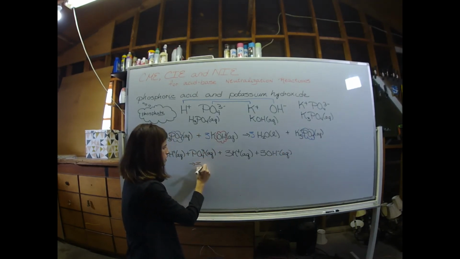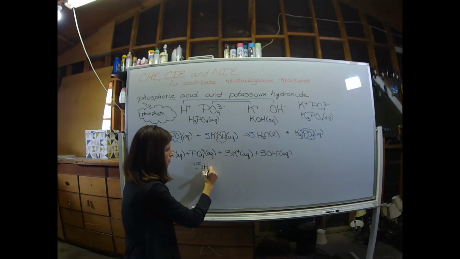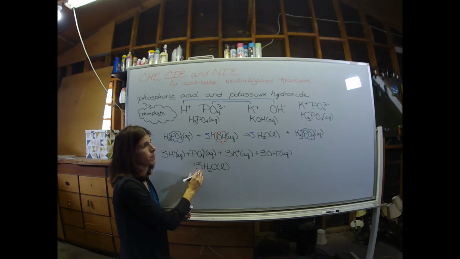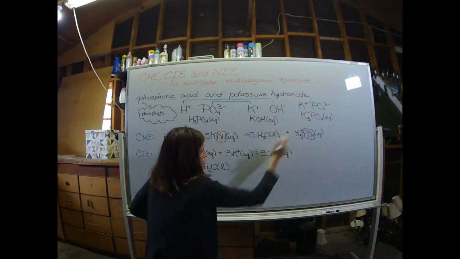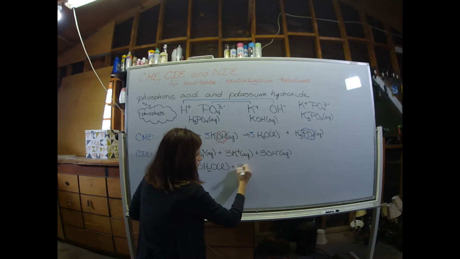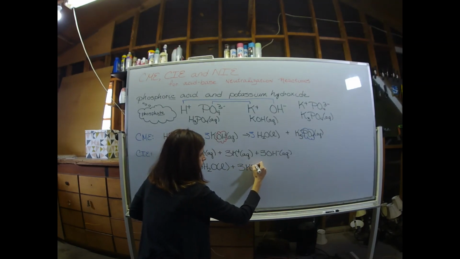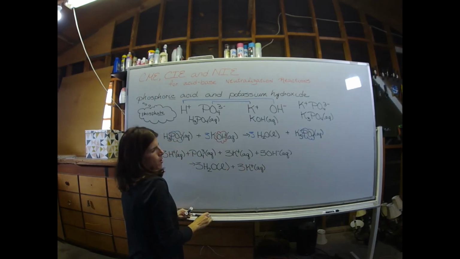The water, since the liquid stays together, maintains the coefficient of 3. And then this 3 belongs to phosphate. There's 3 potassiums. So that needs to go out front. It's not part of the formula of potassium.